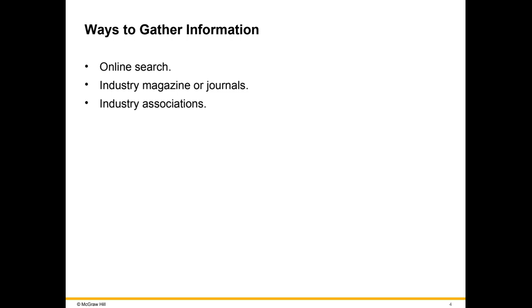What are the means through which we can get information about the industry? Obviously, one of the best modes is online search, Google search. This can give you industry magazines and journals, and you can also look into industry associations and the chambers, a list of the chambers of industries that are in the market.